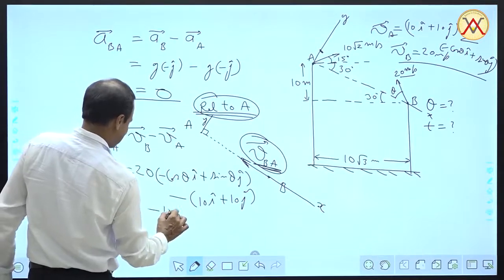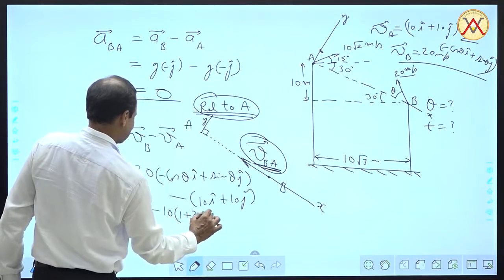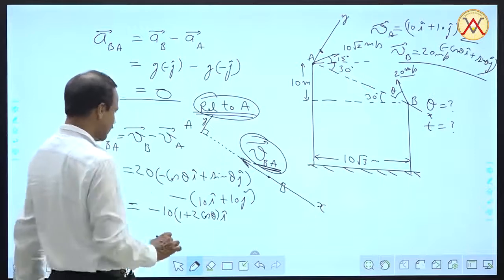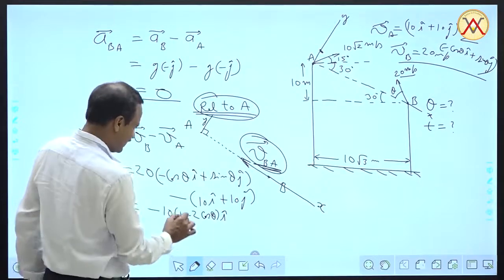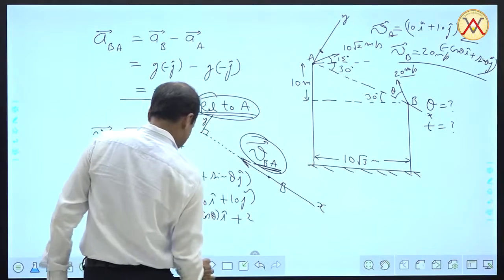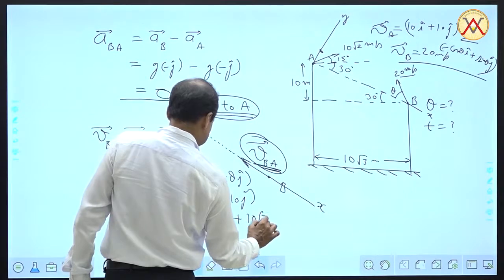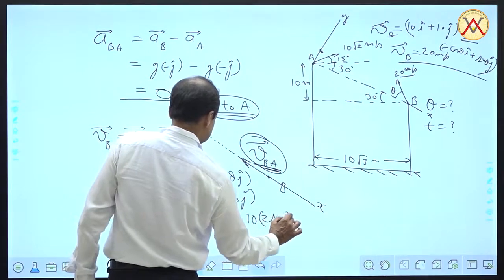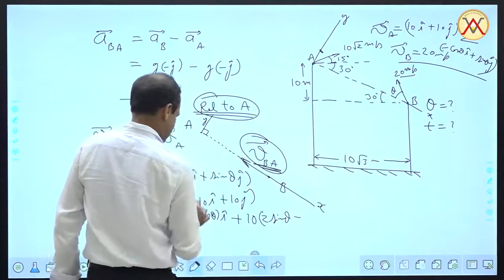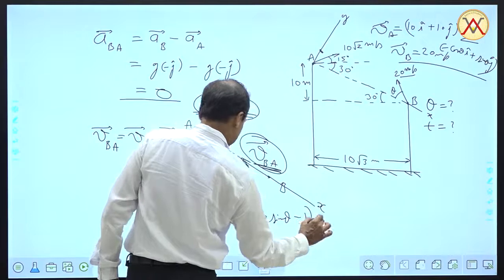So I can take minus 10 common: 1 plus 2 cos theta i cap. And the y component is plus 20 sin theta minus 10. So again, if I take 10 common, it is 2 sin theta minus 1, because this is minus 10. So this much j cap.